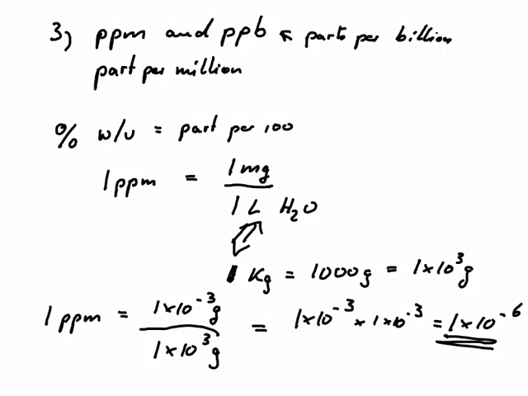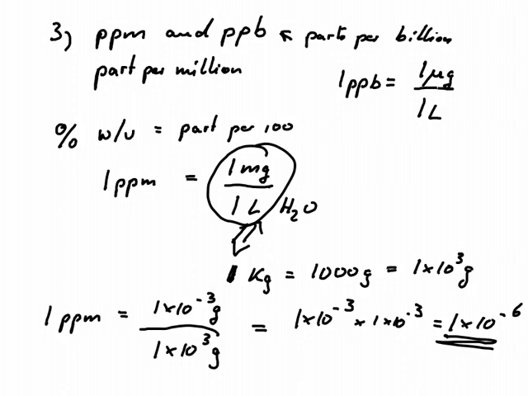And we can convert ppm very easily into a milligram per liter concentration. And likewise, 1 ppb would be 1 microgram in 1 liter. So this is another form of how we can express concentration.